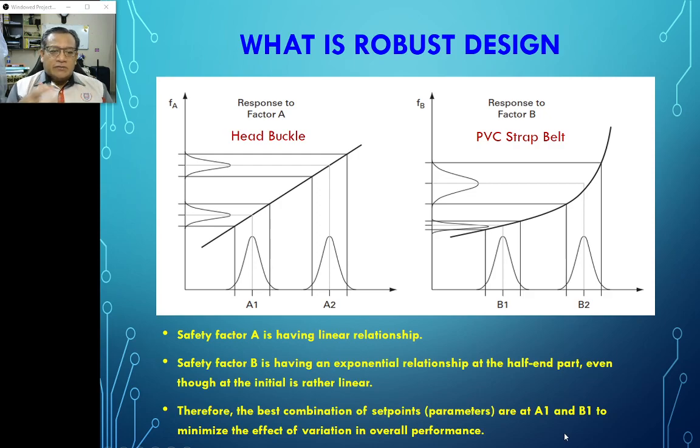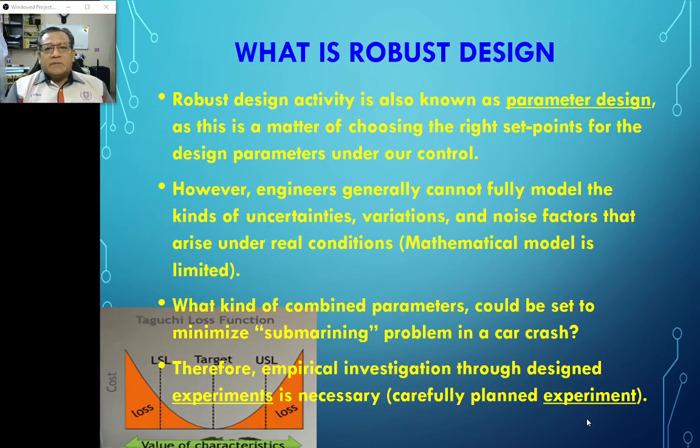Okay, that's why in robust design you have to choose the optimum performance with minimized variation or minimized change, right? So that is what robust design is all about, in which you have to test many set points, trial and errors, so that you could determine the least variation available with maximum performance. Okay, that is what robust design is all about.